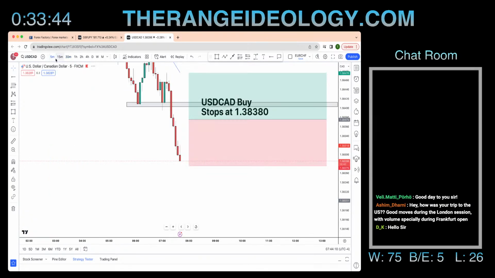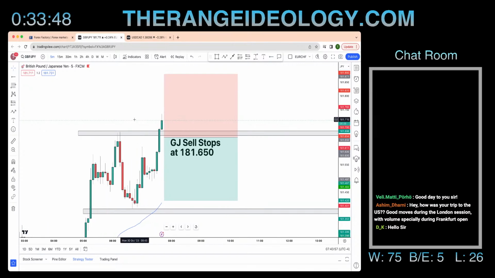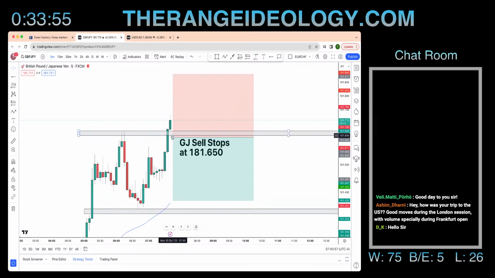But wow, what a strong push from USD CAD here. And GJ, again, same thing. It still has no bottom wick and is attempting to push higher, which I don't mind because the sell stops would be set much below.